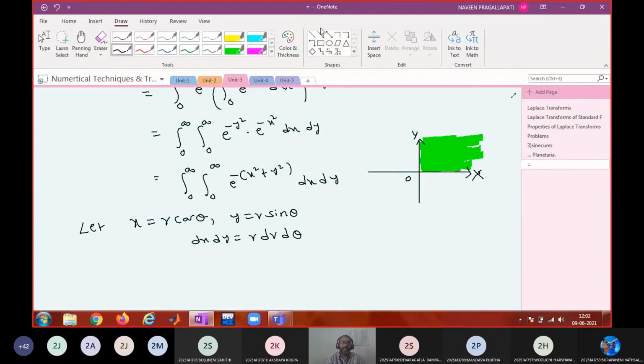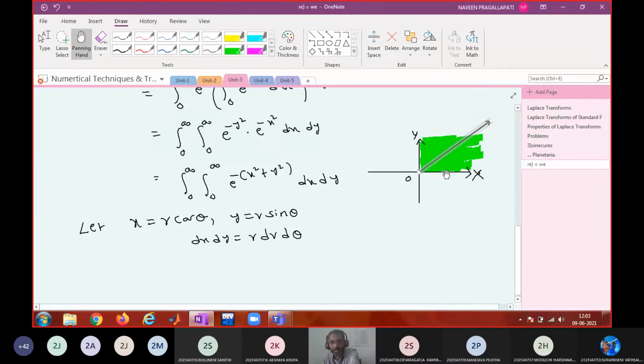And what are the theta limits? You draw a ray starting from the origin, passing through the region. So from where to where is r varying? r varying from 0 to up to where? There is no ending, so infinity. r varies from 0 to infinity. And how is theta varying? Rotate this line.